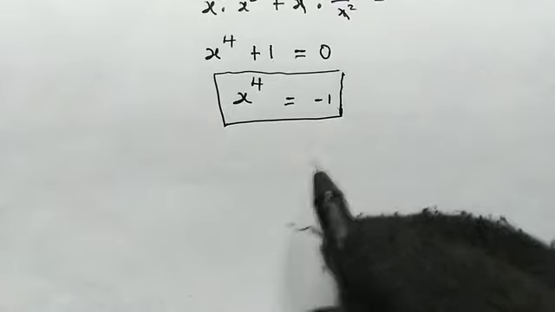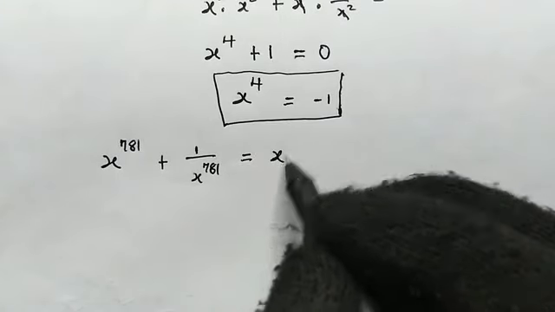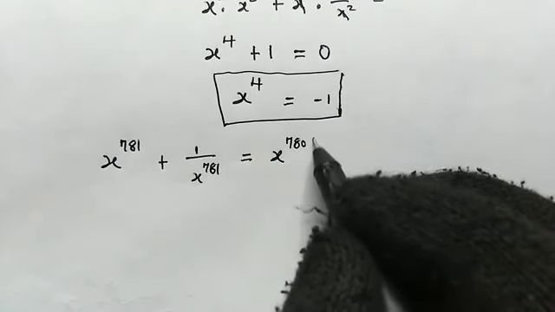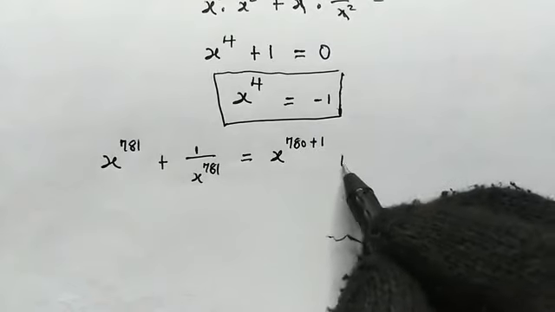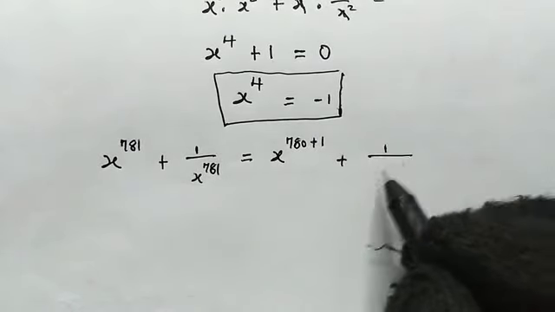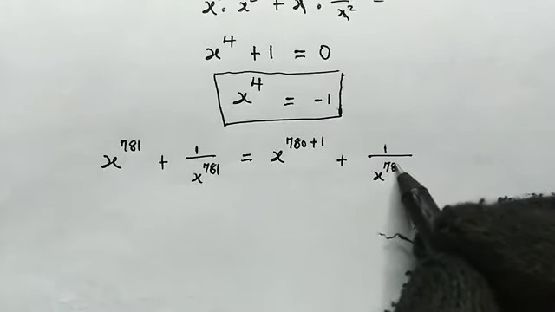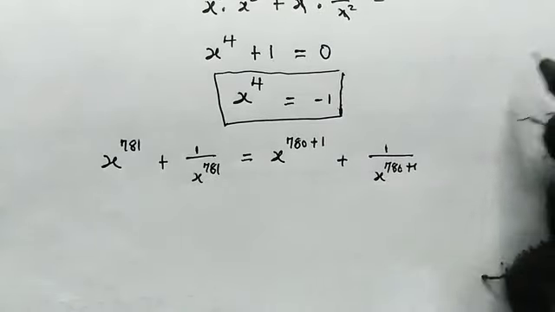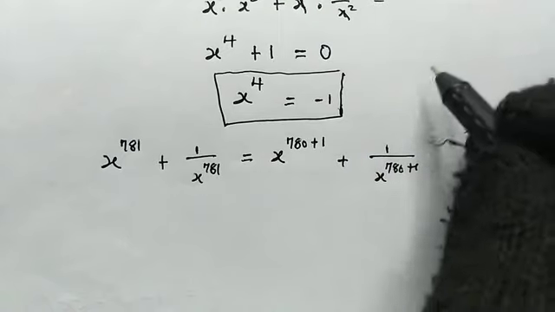Now let's go back to the expression we're asked to evaluate. Remember, the expression is x to the power of 781 plus 1 over x to the power of 781, which we can write as x to the power of 780 plus 1, then plus 1 all over x to the power of 780 plus 1. Okay, now let us take note of this.